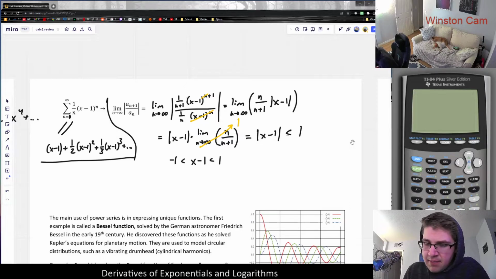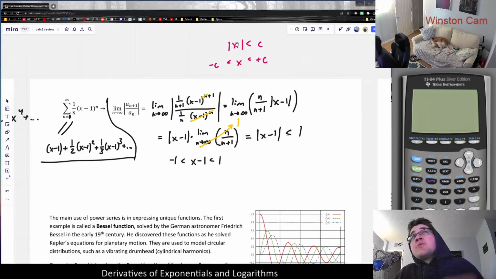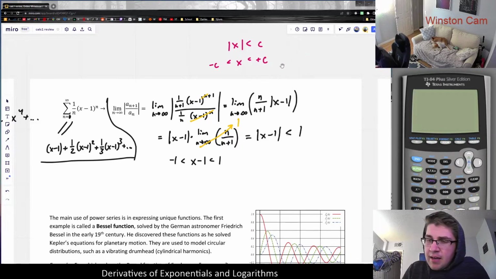If you have a structure that looks like this, it is equivalent to negative c less than x less than positive c. Because if the absolute value of a number is less than something, it means that it's greater than the negative value and less than the positive value. This is just a rule from intermediate algebra.